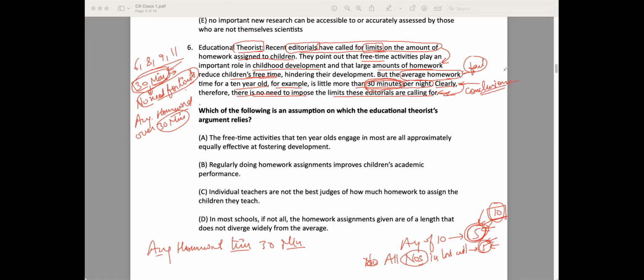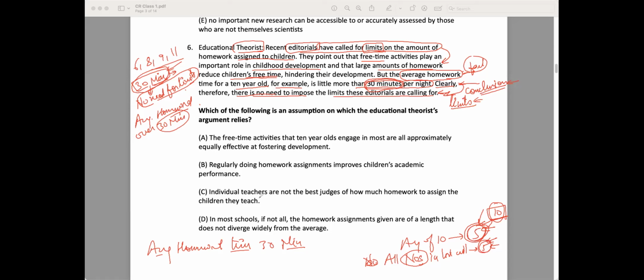So what if some of the numbers in that list are much more than 30 minutes? Maybe 2 hours, 50 minutes, 100 minutes, say 200 minutes. It's possible that some of the numbers are much more than that. And in that case, there would be a need to put some limit because some numbers can be very large.